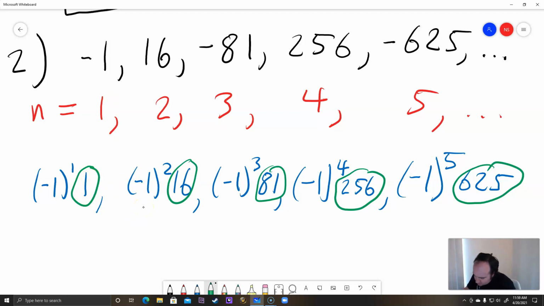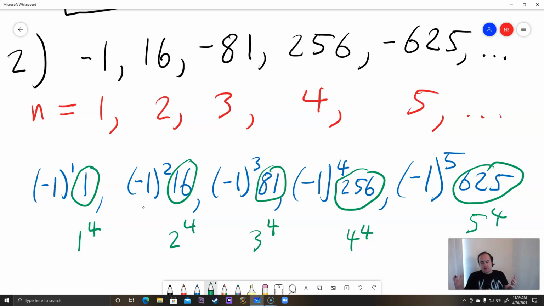So n raised to the 4th power might be our ticket here. So let's try, if we write it as 1 to the 4th power, and then the next one is going to be 2 to the 4th power, and then the third one is going to be 3 to the 4th power, and then 4 to the 4th power, and then 5 to the 4th power. Let's see if that works.